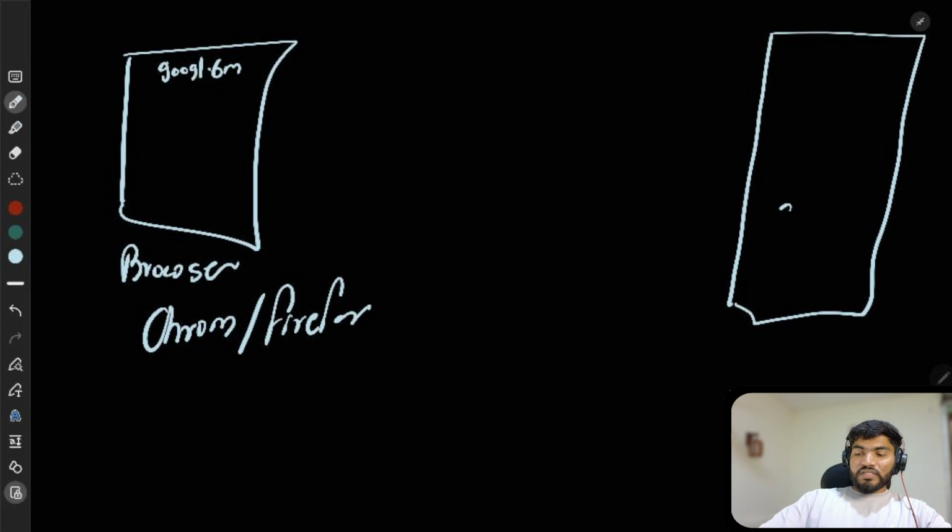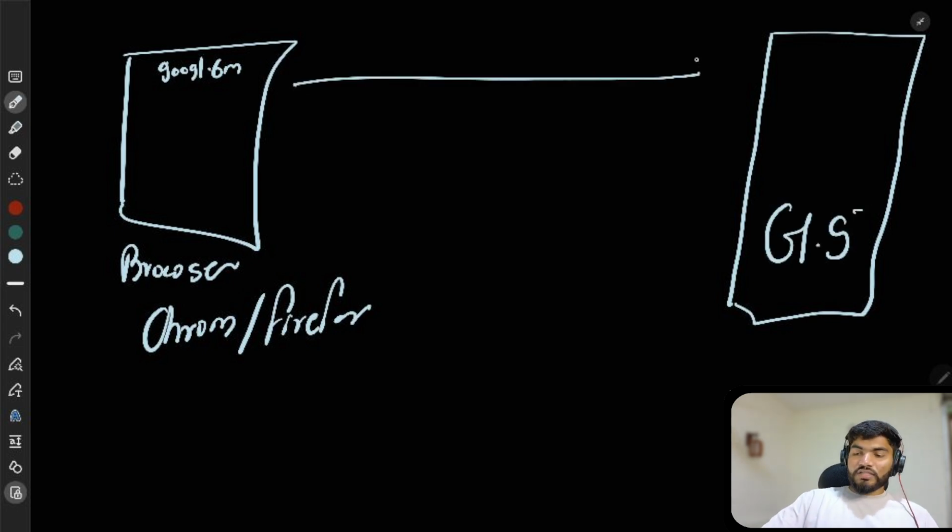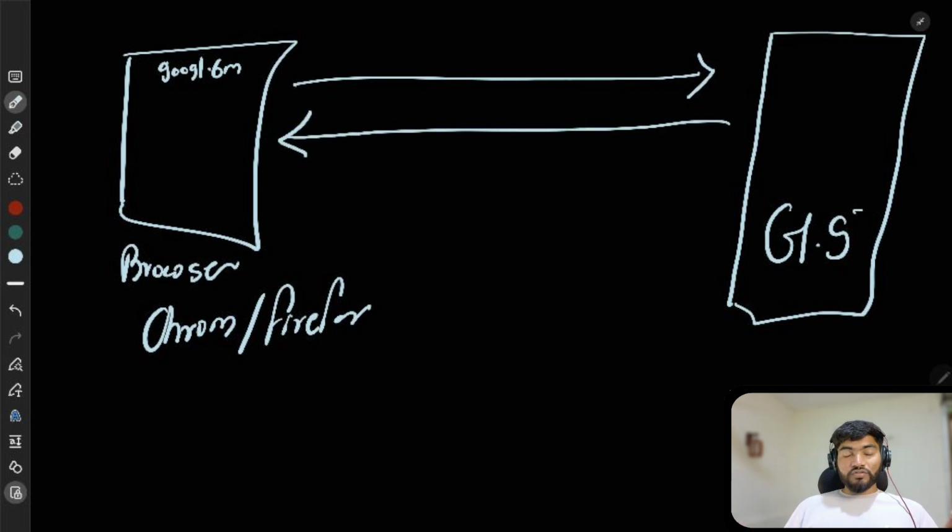Which server? Basically Google's server. So the browser will send a request to the Google server, and then the Google server will send a response back to the browser, and this way the browser will show the website right here. Whatever the website is, it will show on the browser. Okay, so this is how the typical browser connection works.